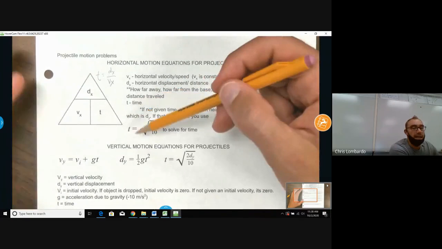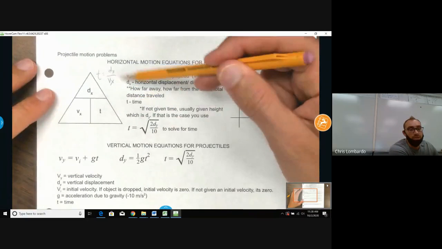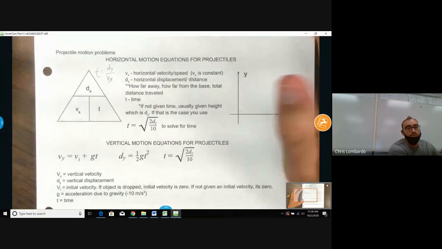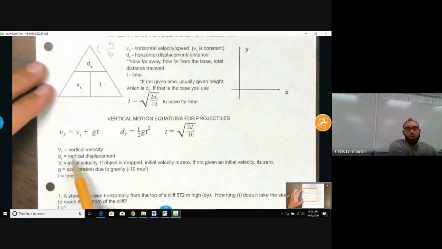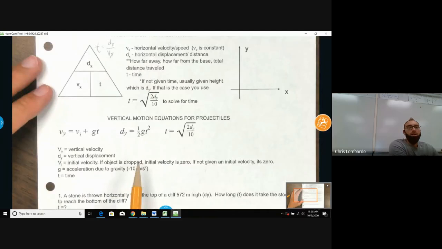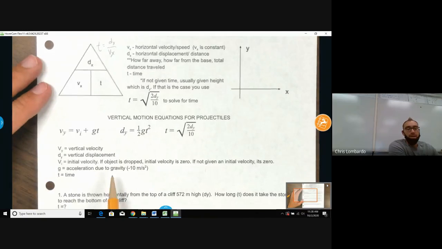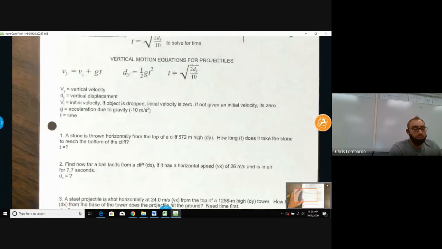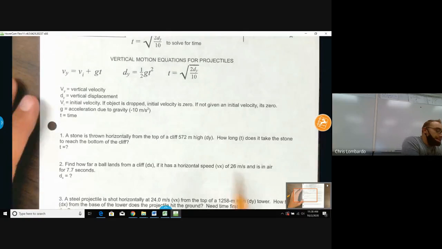So time is going to allow us to hop back and forth between those two equations. We took a look yesterday at what all these variables meant. Remember that for gravity, guys, we're using -10 meters per second squared, even though the actual number is -9.8 meters per second squared.